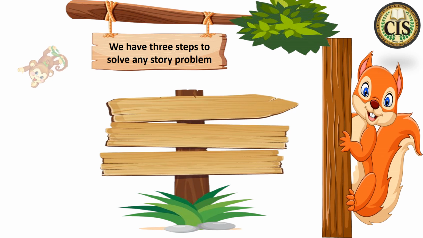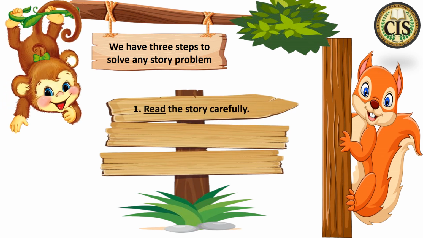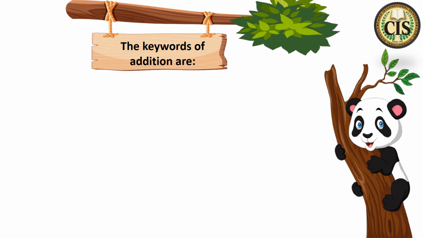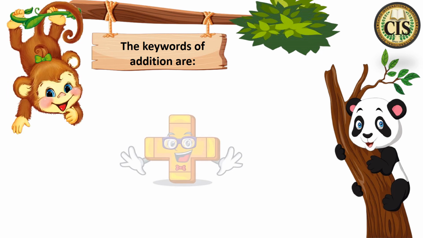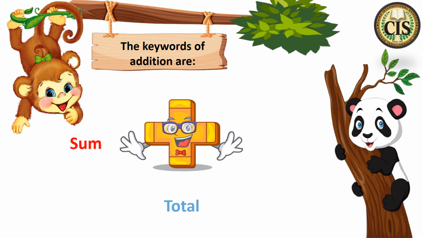Step number 1, read the story carefully. Step number 2, circle the numbers. Step number 3, underline the keyword. The keywords of addition are sum, total, in all. The keywords help me to solve story problems easily.